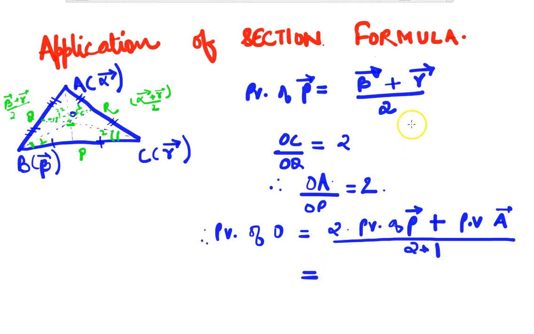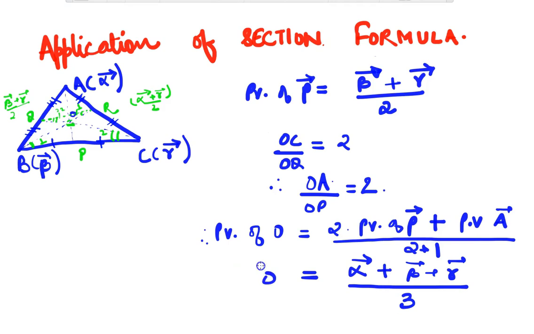So if I substitute the values here, the position vector of A is alpha vector, and 2 times the position vector of P is beta vector plus gamma vector, divided by 3.